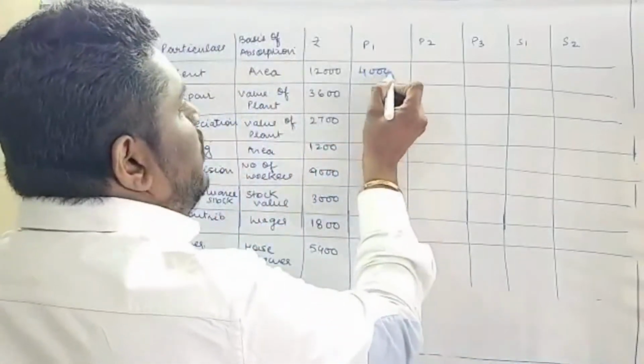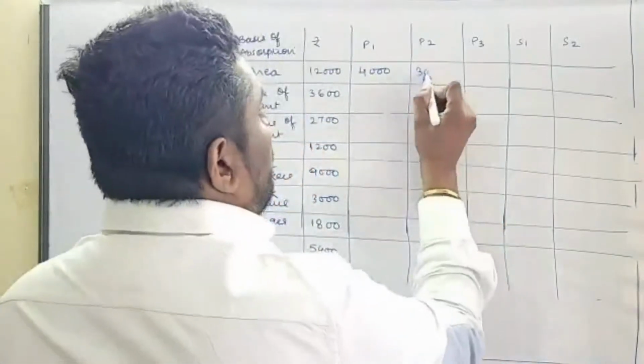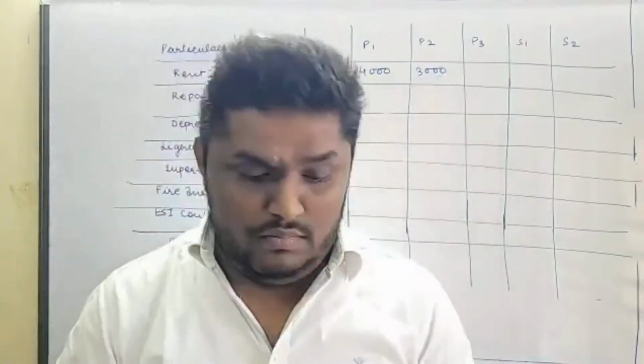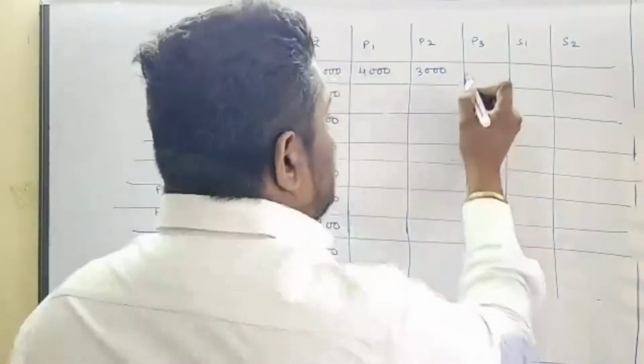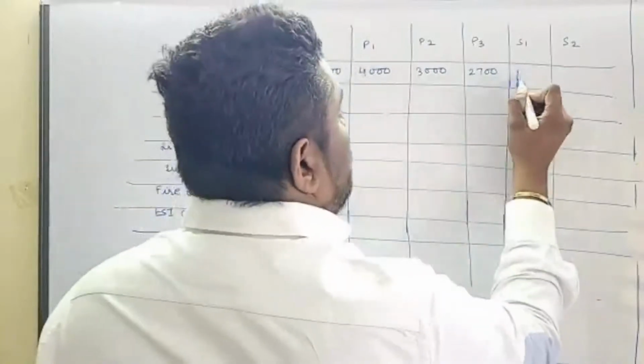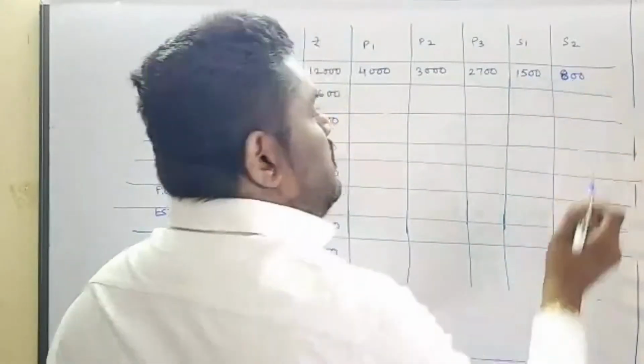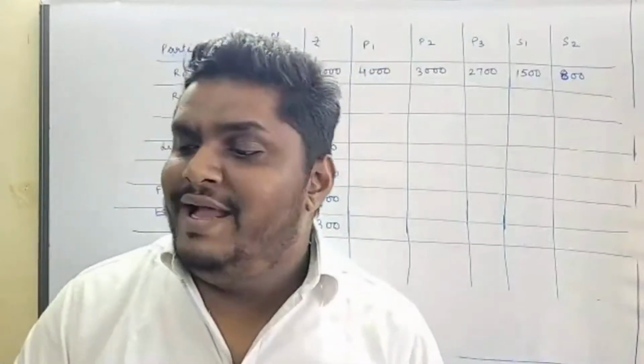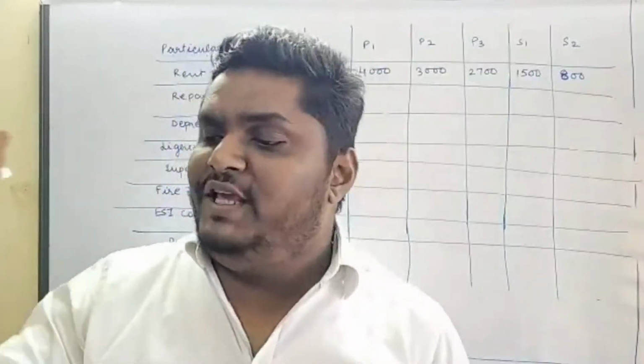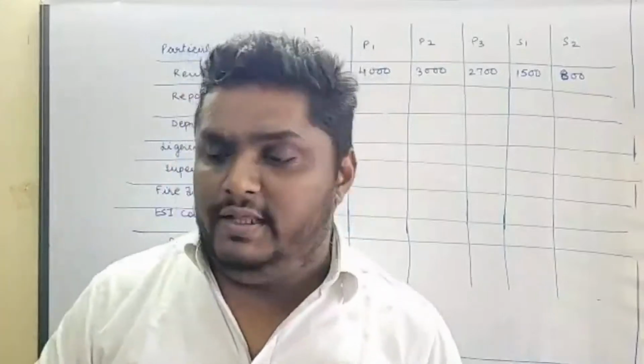For P1 it will be 4,000. So this is how the rent will be distributed. That is in the ratio of 200 is to 150 is to 135 is to 75 is to 40.